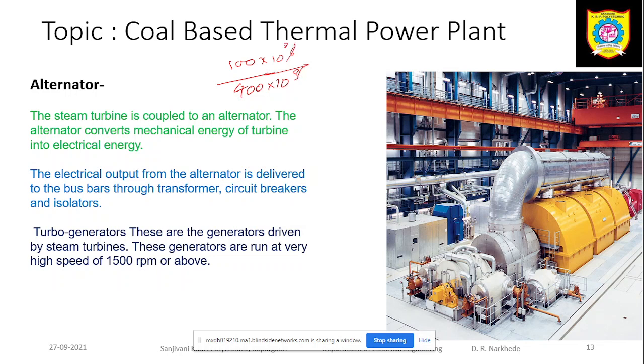So it is 1 lakh divided by 400, which is 1000 divided by 4, so it is 250 ampere. My current drastically reduces from 9000 ampere to 250 ampere.